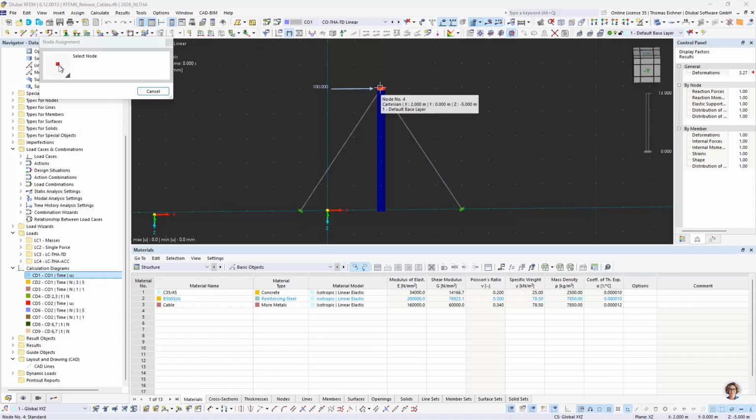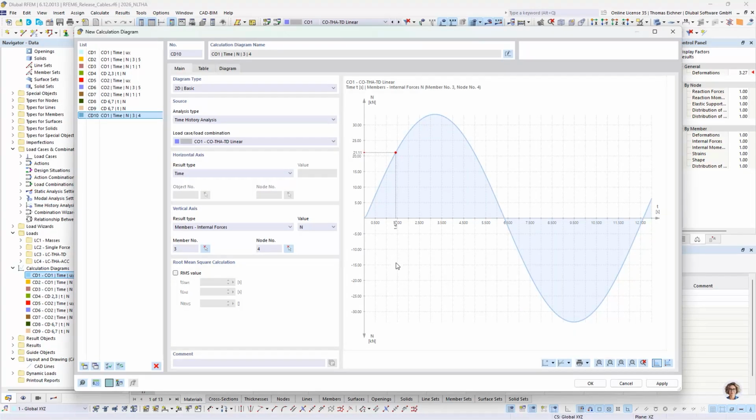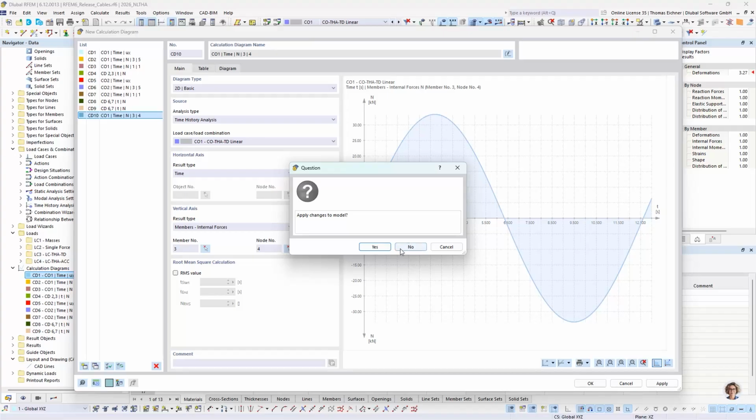So the thing is, we wanted to see if it's failing. And since we are in the linear time history analysis, we see it's not failing. It's first gonna take like tension force, and then it's gonna take like pressure. So the pressure is just wrong. It should fail here, right? And that's the thing. But we will go for a different investigation now.